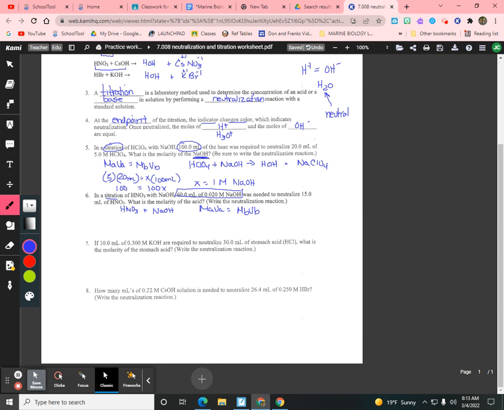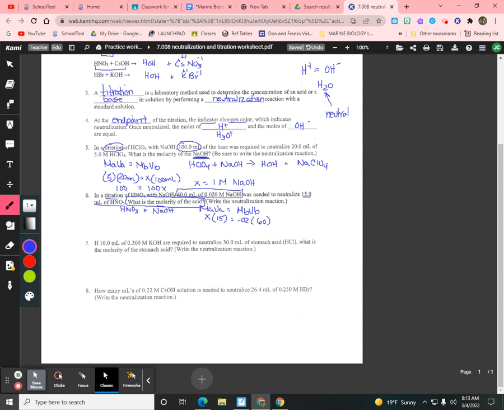MA, molarity of my acid, is what I'm looking for. The volume of my acid is 15 milliliters. The molarity of my base is 0.02. And the volume of my base is 60 milliliters.